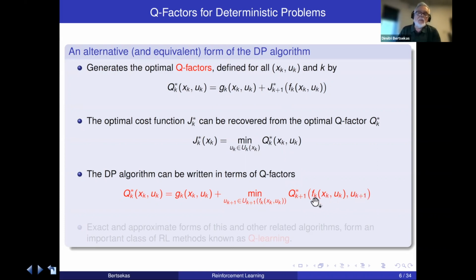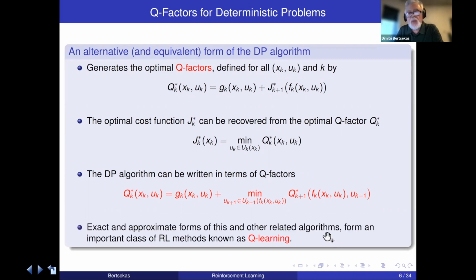So whereas the dynamic programming algorithm operates on optimal cost functions, costs to go, this alternative algorithm operates in terms of Q factors. And there are reasons in reinforcement learning why we want to consider Q factors, and this will become apparent as we go along.